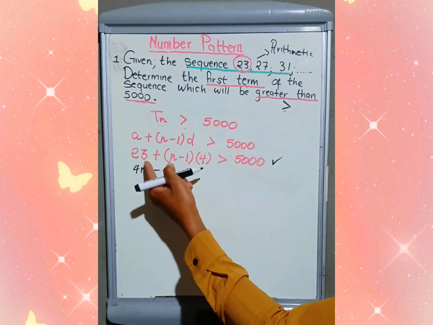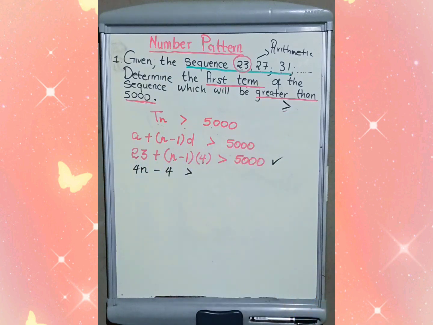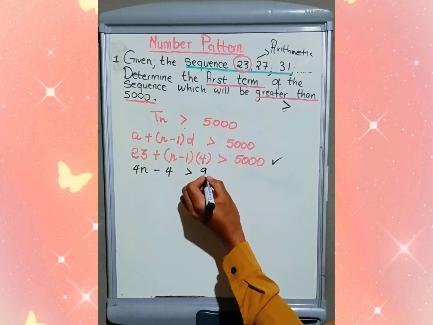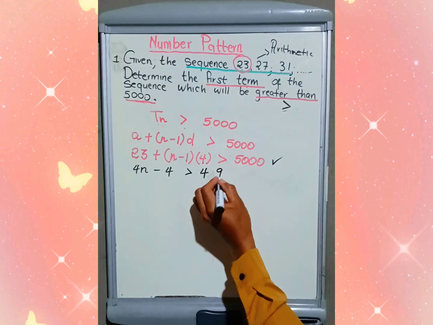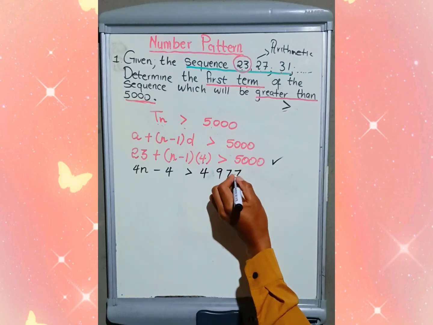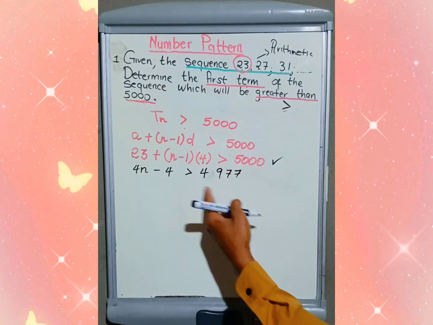Remember, I'm going to take this 23 and transpose it to the right hand side. Therefore, on the right hand side, 5,000 minus 23 is going to give us 4,977. Do you see that?